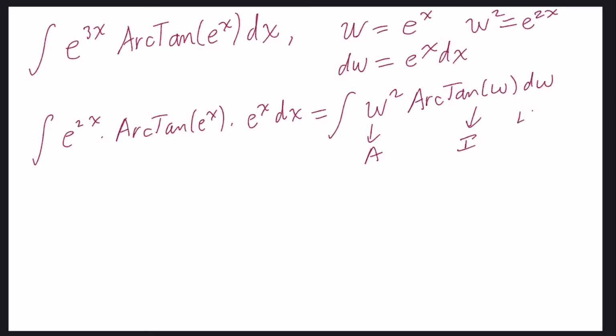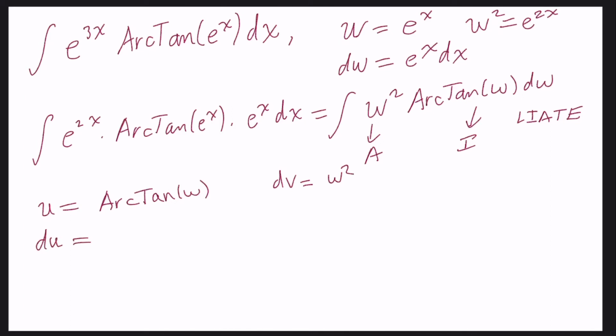We remember our trick for integration by parts, so u is arctangent of w and dv is w squared dw. So du is dw divided by 1 plus w squared, and v is equal to w cubed divided by 3.